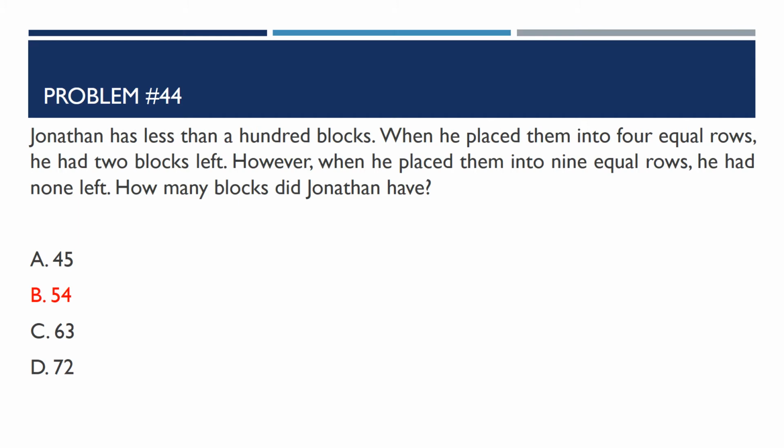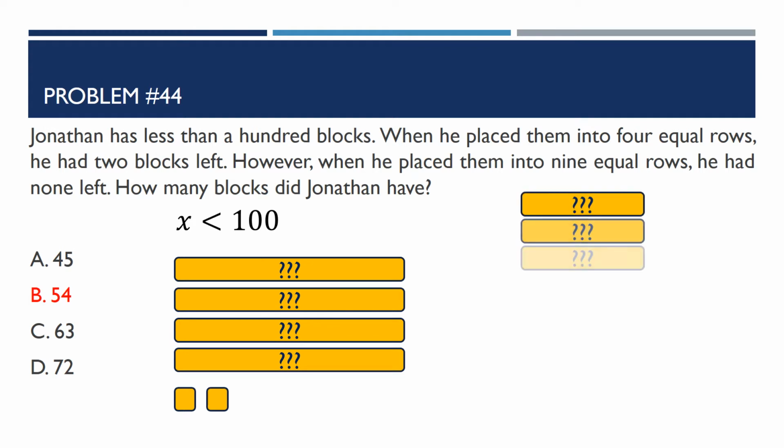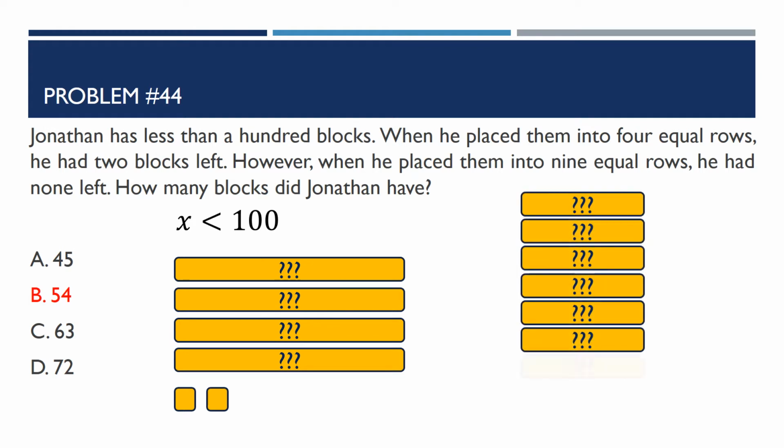So first, we're going to illustrate whatever the givens are. So it's given that it is less than 100 blocks. And then it's also given that if we place them into 4 equal rows, then there will be 2 blocks left. And also if we place them into 9 equal rows, then there's none left.